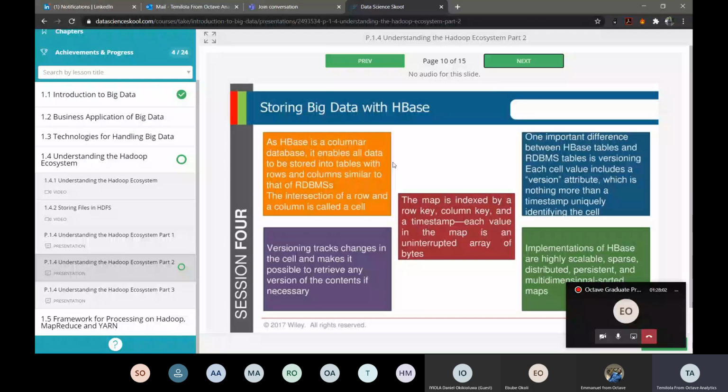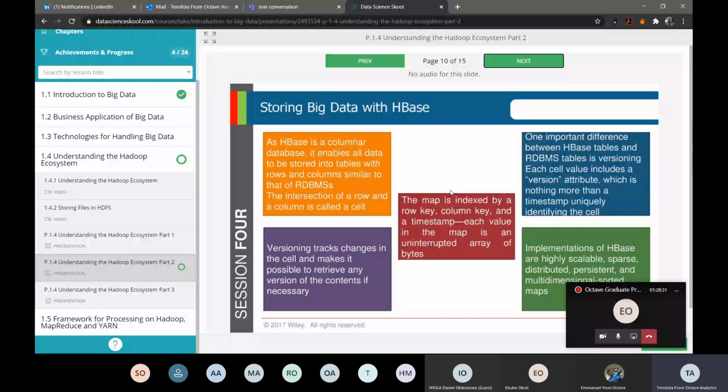Then HBase has the function of version tracking, which you don't have in your normal RDBMS. So versioning tracks changes in the cell and makes it possible to retrieve any version of content if necessary. So at points of intersection, maybe at different points whereby you are streaming your data, HBase attaches a timestamp to them for you to be able to get any data format or any data set at that particular timestamp.